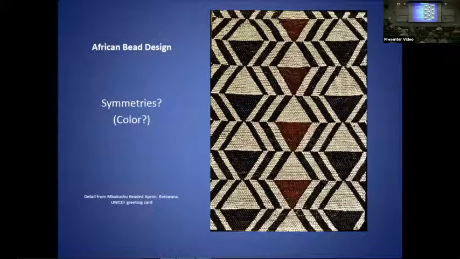This is an African bead pattern that has vertical lines of symmetry through the red, through the black and white. There's glide symmetry. And I'm not sure there's rotational. Yeah, there's got to be rotational symmetry. If you rotate the whole pattern around this point in the middle of this diamond, it will turn upside down, but it'll look the same.